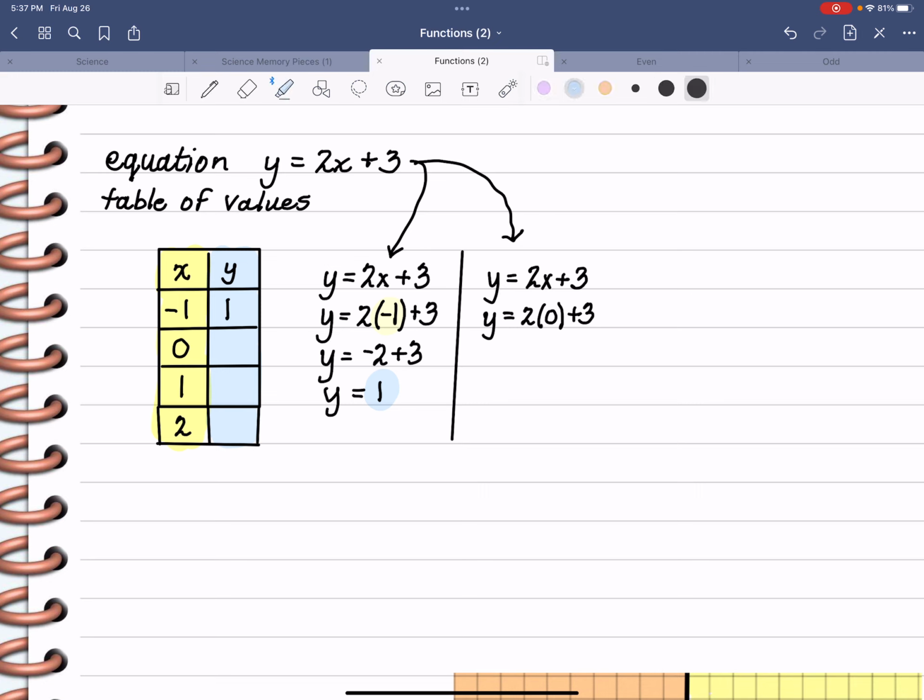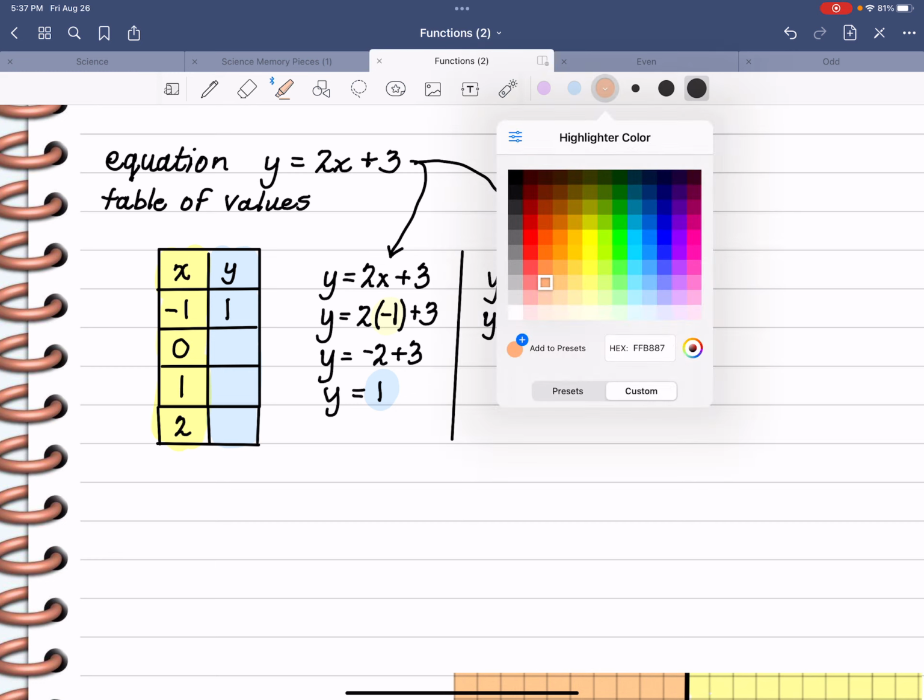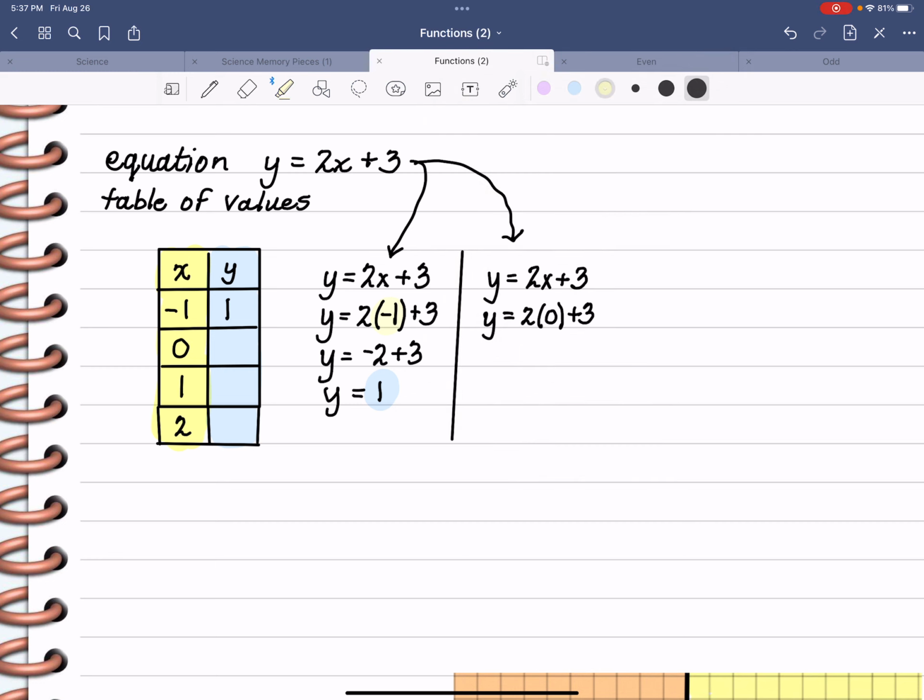So we're substituting the second x value. And we're going to get the y value. So we have 2 times 0 plus 3 is positive 3. So when x is 0, y turns out to be 3.